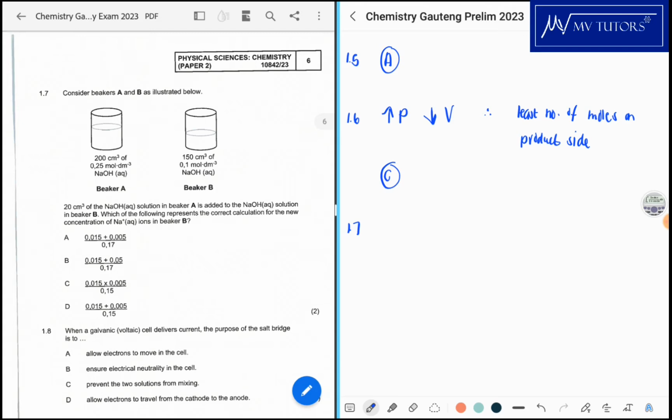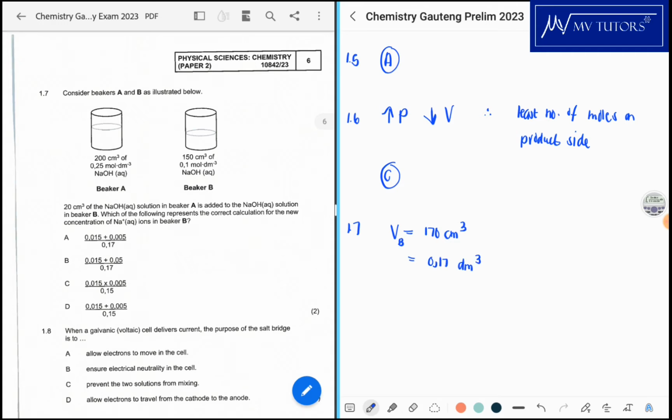Now 20 cubic centimeters of the sodium hydroxide solution in beaker A is added to the sodium hydroxide solution in beaker B. Which of the following represents the correct calculation for the new concentration of sodium ions in beaker B? The volume now in beaker B will be 20 plus the 150, so we have 170 cubic centimeters, which is 0.17 cubic decimeters.